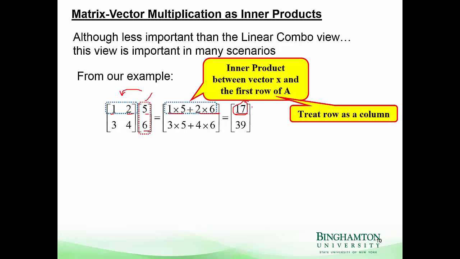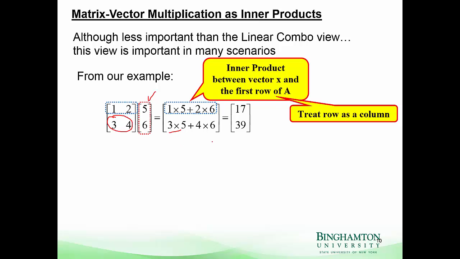And then likewise, we can do the same thing with the other one. Let me clear off this ink here. So to get the first element of our result, we do an inner product between the first row of the matrix and the vector x that we're multiplying, and that will give us the first element. Then to get the second element, we take the second row of the matrix. So we would take this inner product with the same thing.